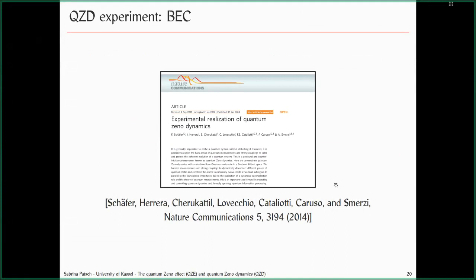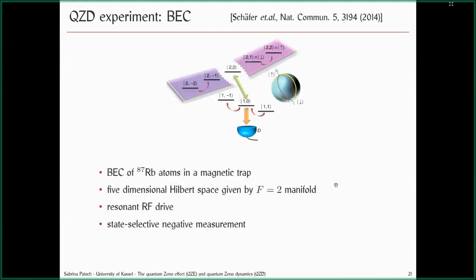And the experiment was like that. So I go through that step by step. And you see here the Hilbert space of the system. So on top, first of all, the system that we have is a Bose-Einstein condensate, but more or less it's simply rubidium atoms.